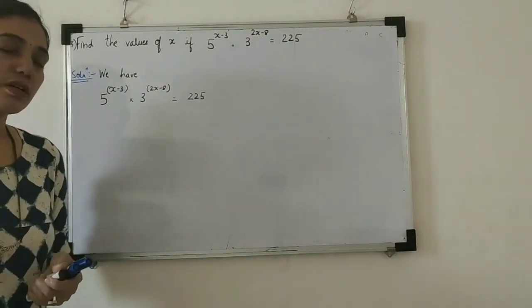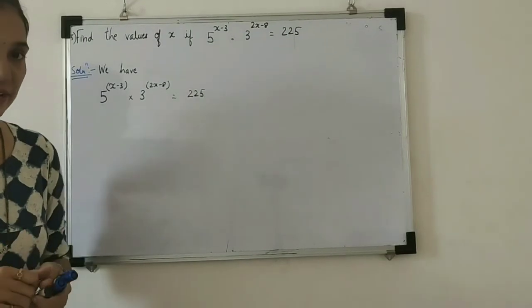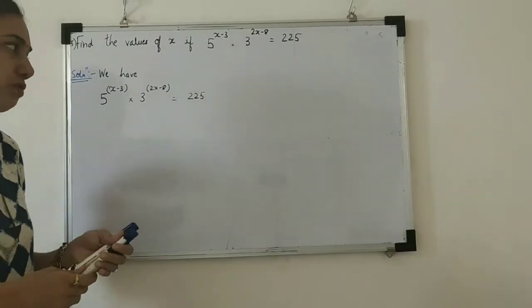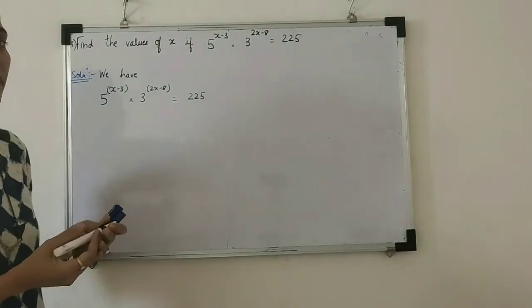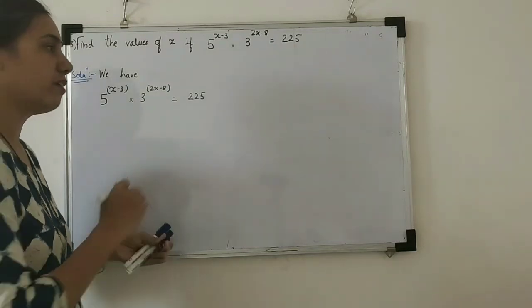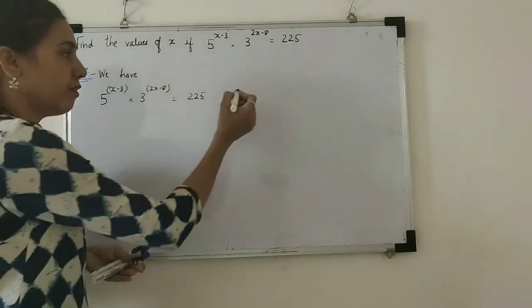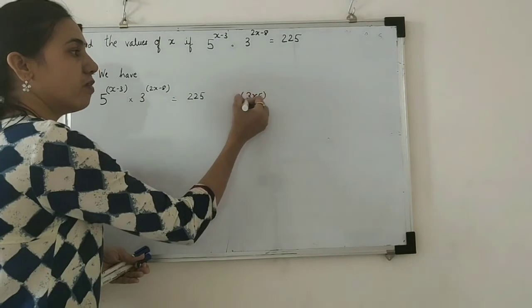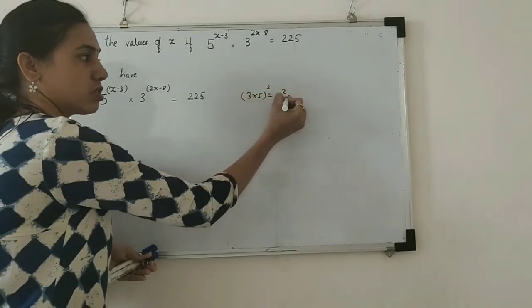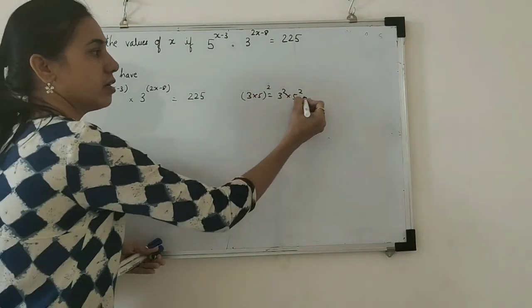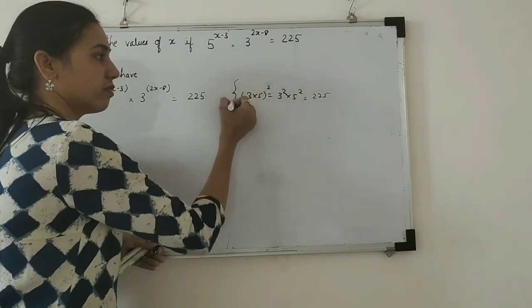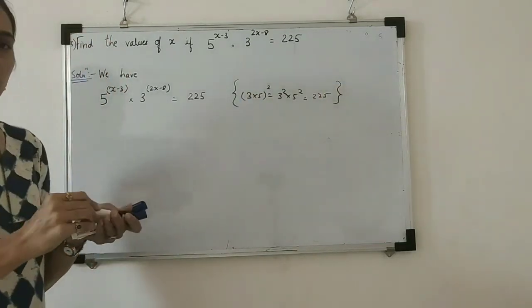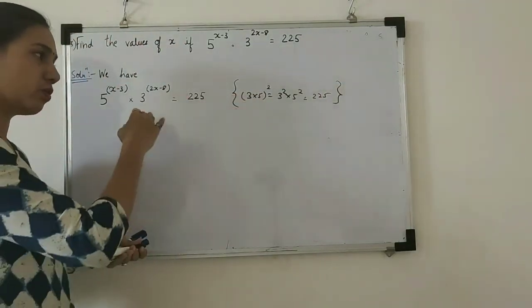So we are going to first write down this 225 in its prime factorization form. 225 is 15 square. 15 square means 3 into 5 whole square, which is 3 square into 5 square. Okay? This is nothing but 225.